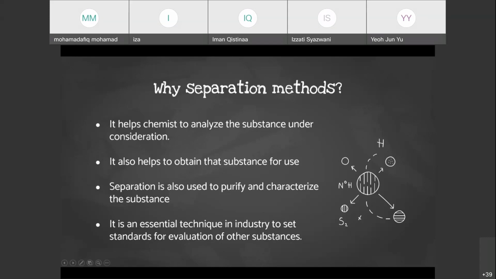Okay, it's an essential technique in industry to set standards for evaluation of other substances. Okay, the name of the show earlier, everyone knows, viral, it's fine. I banned Zul Arifin long ago from my taste.